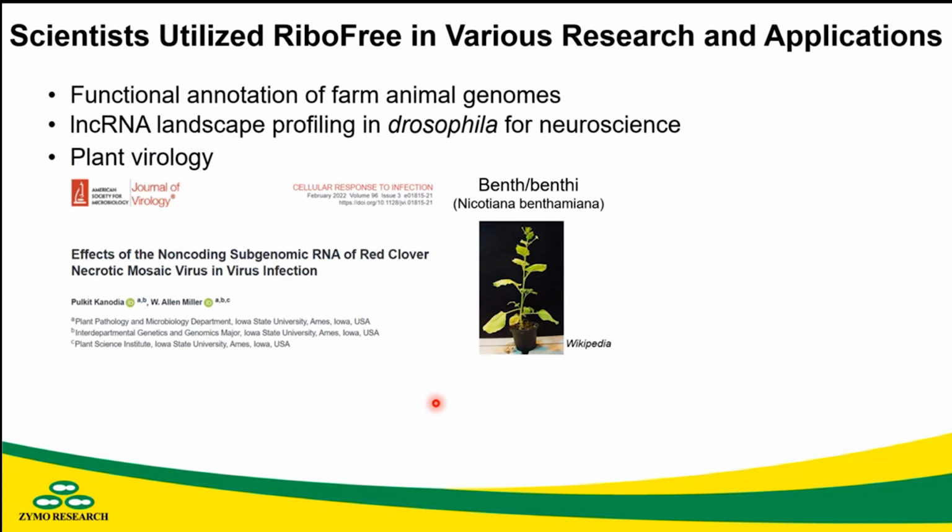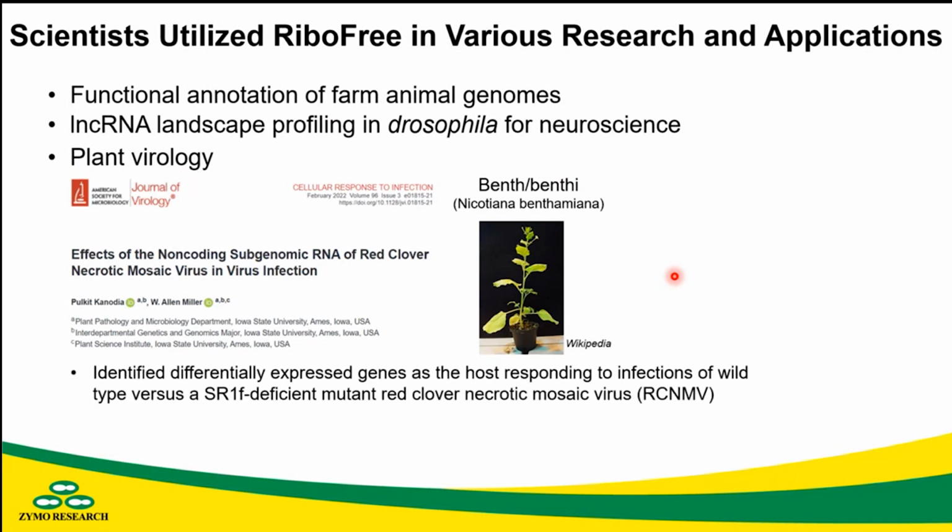Now, the third example, getting closer to microbial transcriptomics, is plant virology. This group of researchers utilized Nicotiana benthamiana as the subject of study, and they successfully identified differentially expressed genes of this host when it reacted to infections by two strains of the red clover necrotic mosaic virus.